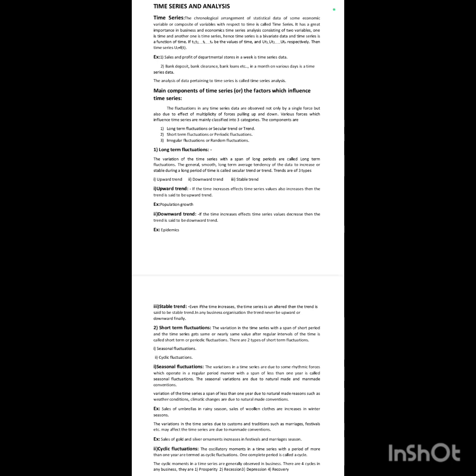Again I am repeating, to understand, these components are the factors which may influence our time series data. By the way, what do you understand by the time series? Data with respect to time.